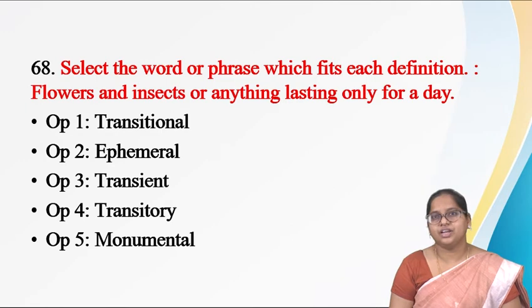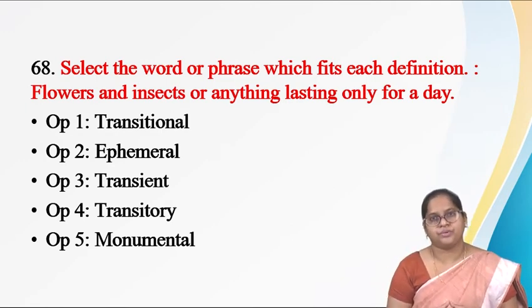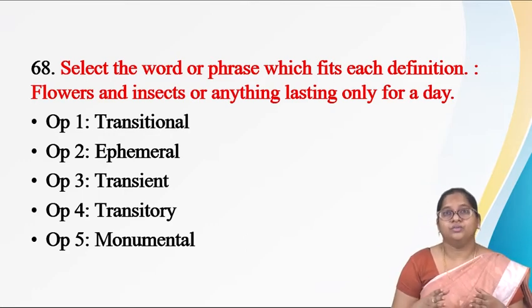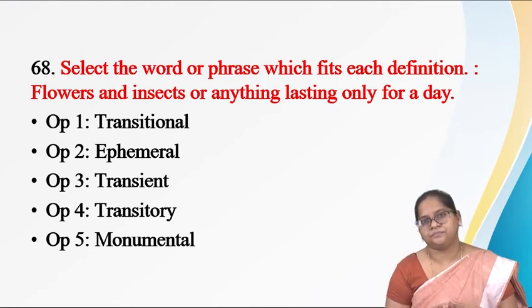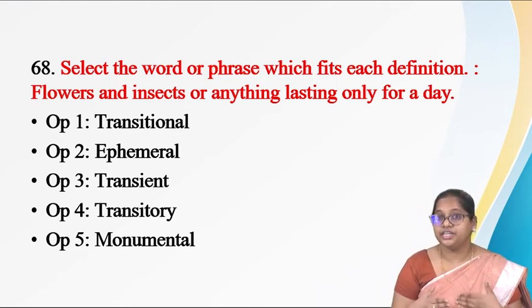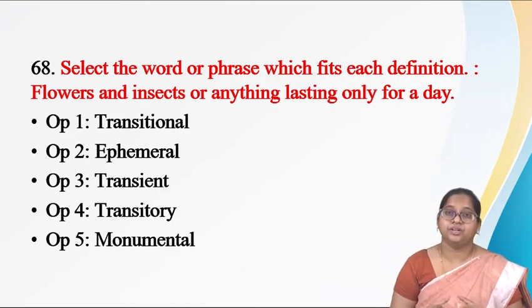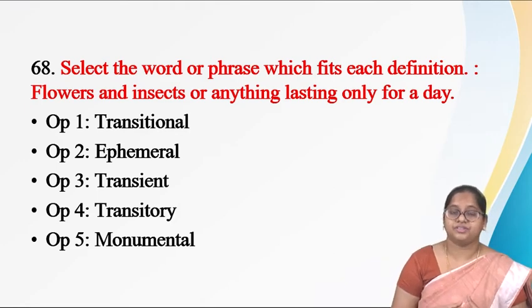Transitional means it is transitory, only for a short time, momentary. Ephemeral is nearest to the word given: not at all long lasting, but lasting only for a short time. Transient means changing. Transitory again means changeable and momentary. Monumental means significant.